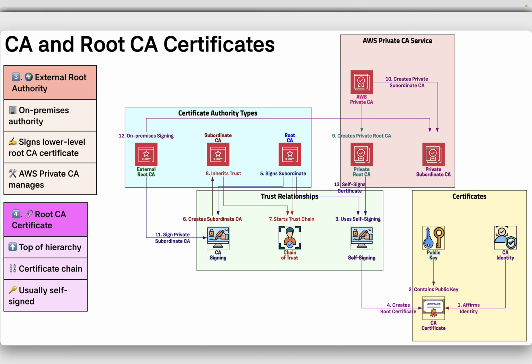Root CA certificate. So a certificate authority usually exists in a ranking system with other CAs, showing clear relationships between them. Lower CAs are certified by those above them, making a certificate chain. The top CA is the root CA and its certificate is the root certificate, usually self-signed.